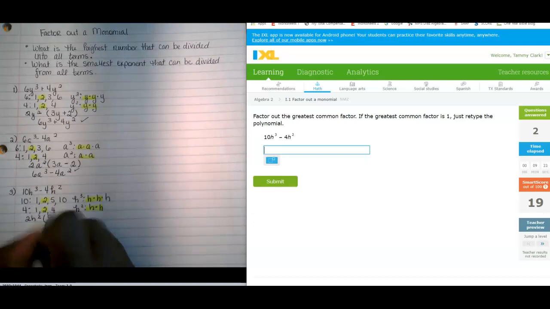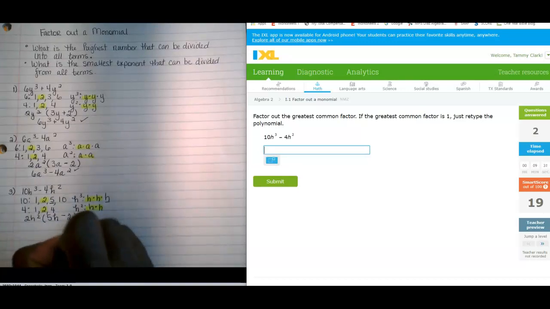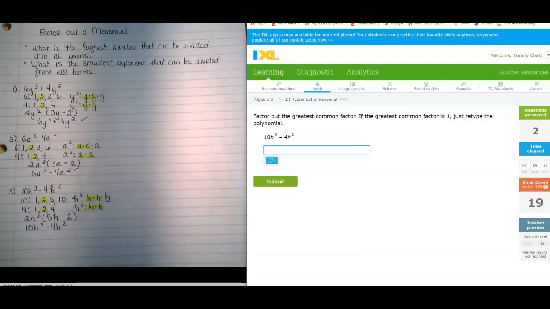And left over we have 5 and 1h minus 2. If we check it, we've got 10h cubed, because 2h squared times 5h. 2 times 5 is 10. H squared times h is h cubed. 2 times negative 2 is negative 4. And then we just tack on the h squared.